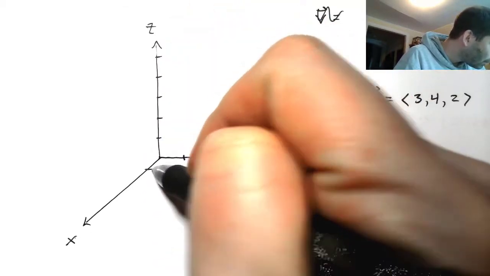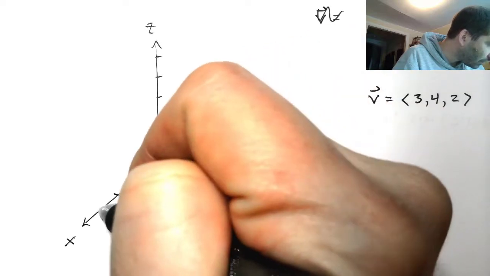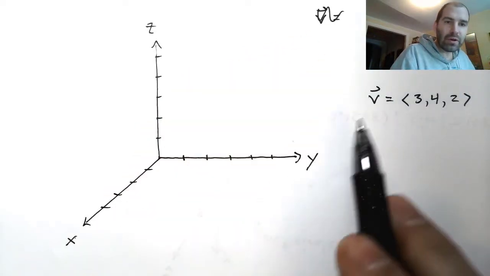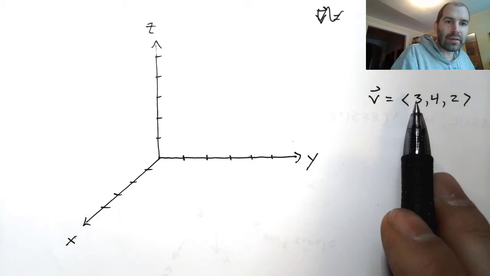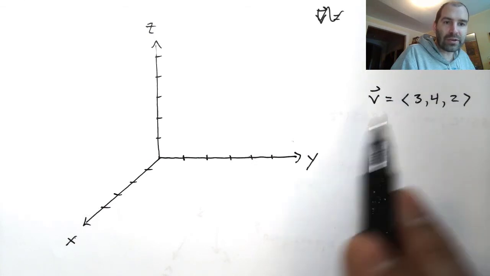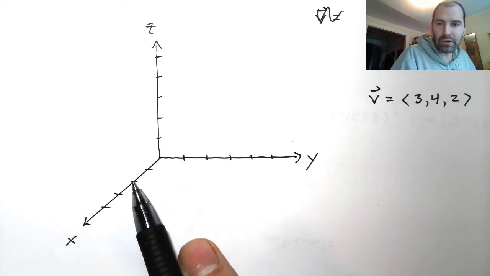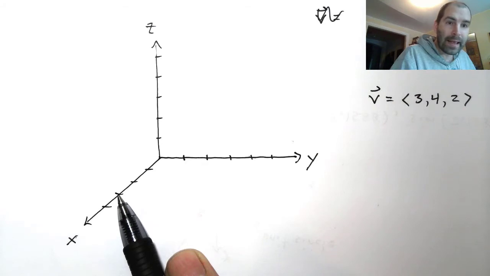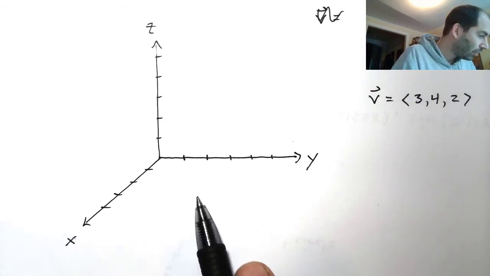I don't know that I did a great job there, but 1, 2, 3, 4. Notice the extent in the x direction is 3, so I'm going to go 1, 2, 3. And then the extent in the y direction is 4, so now I'm going to step out 4 spaces: 1, 2, 3, 4.